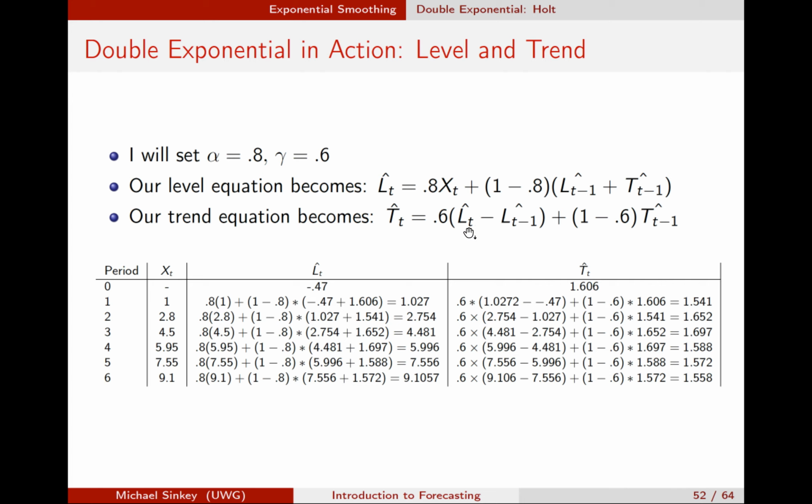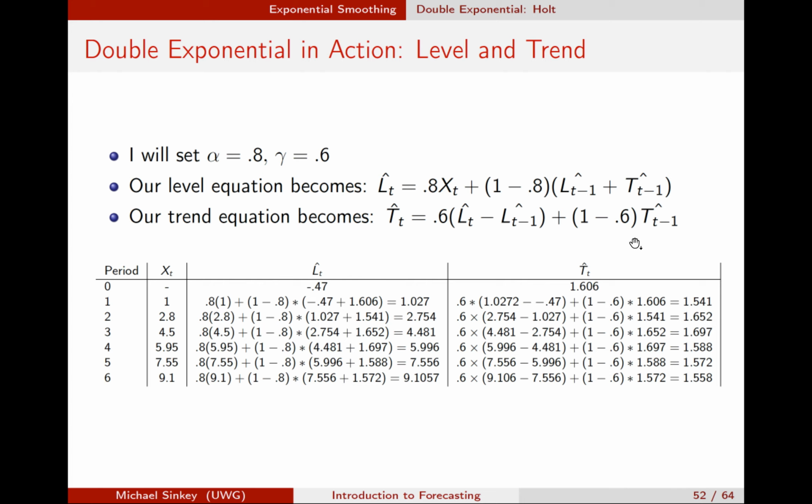For period 2, it's L2 minus L_t-1, which is L1, the level for period 1 that we found, 1.027. And I just take the difference. Now the old trend was T1, and that's 1.541. So I get 1.652 as the trend for period 2.